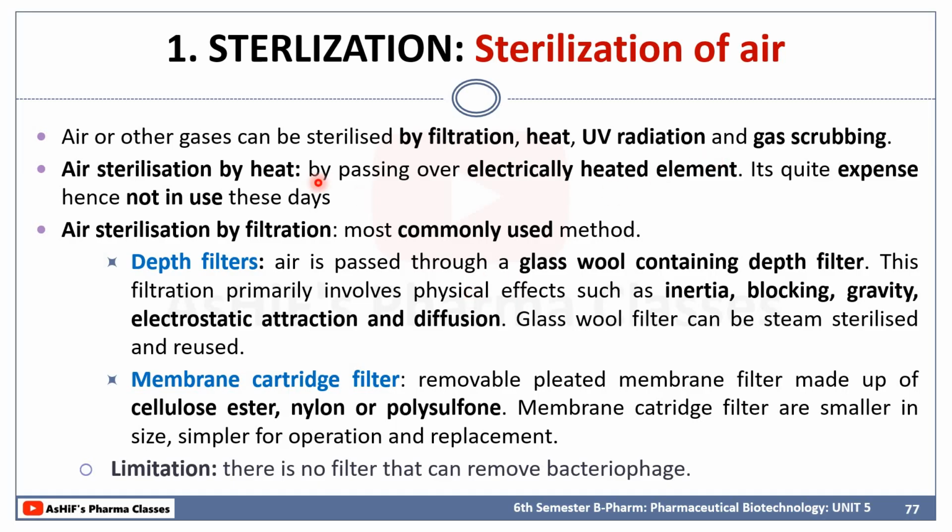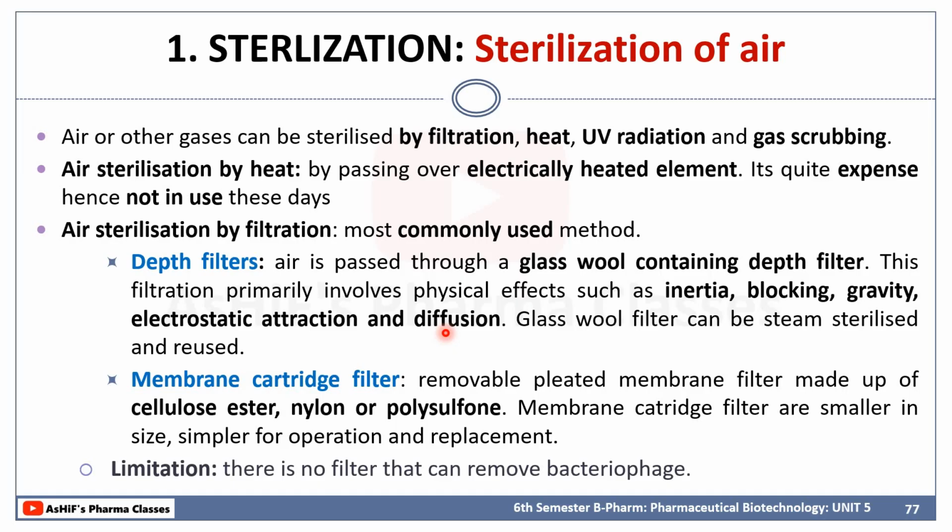So usually for sterilization of air we commonly use filtration sterilization, by using depth filters or membrane cartridge filters. In the case of a depth filter, air is passed through the glass wool containing the depth filters. There will be physical effects such as inertia, blocking, gravity, electrostatic attraction, and diffusion.